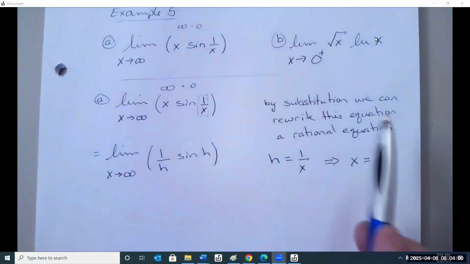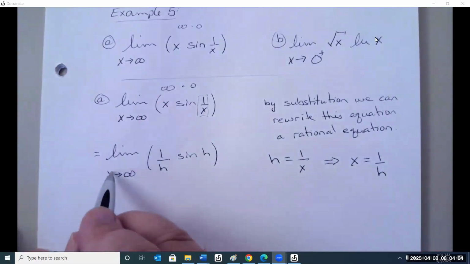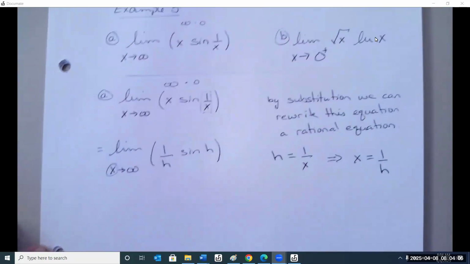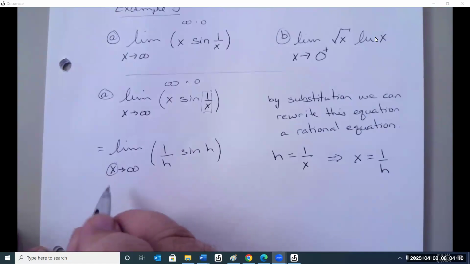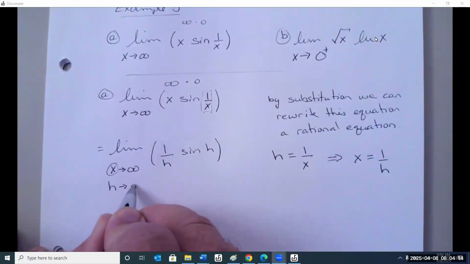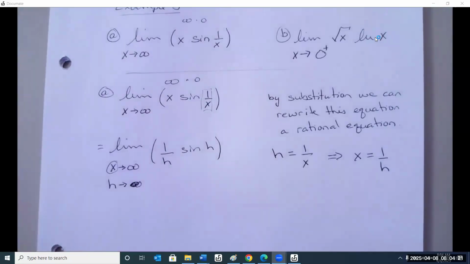Since we did that substitution, we changed 1 over x to h, we also have to change the bounds of our limit. Because it's no longer x, it's now h. Where does h go to?